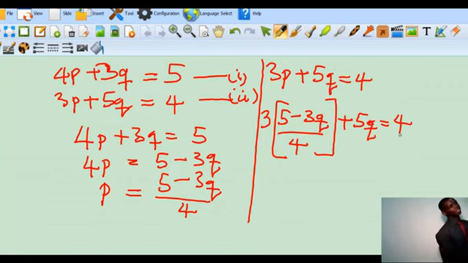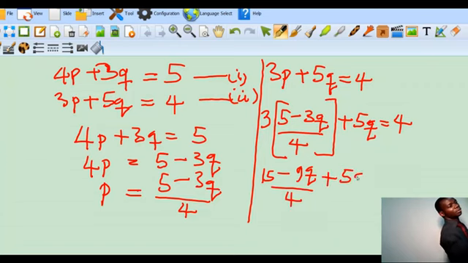Now you can expand the bracket, and you have (15 minus 9q) all over 4 plus 5q is equal to 4. From your knowledge of mathematics and BODMAS, you should be able to do this.